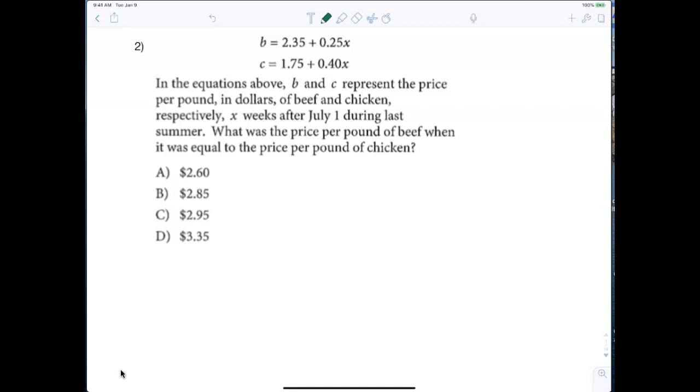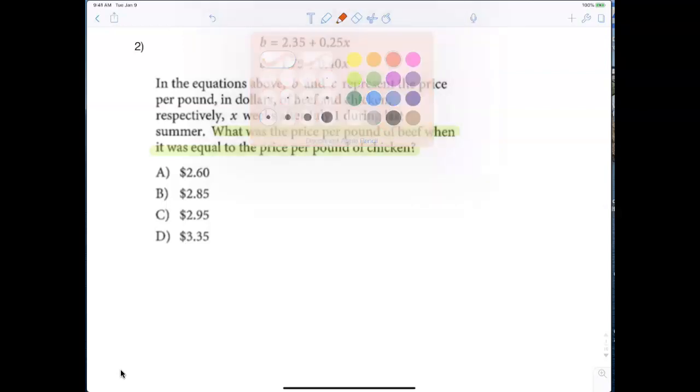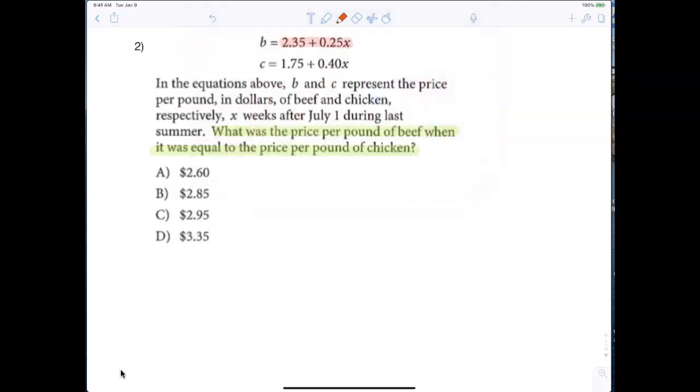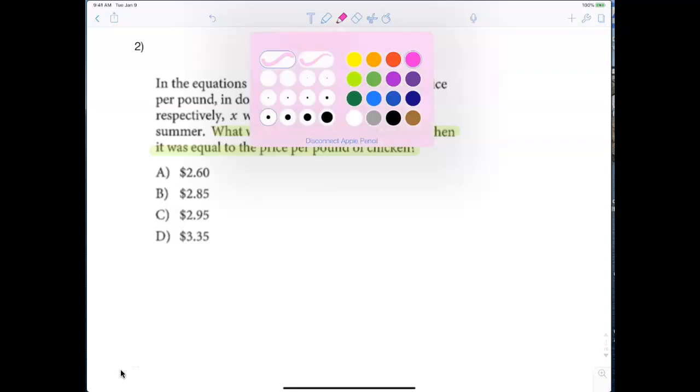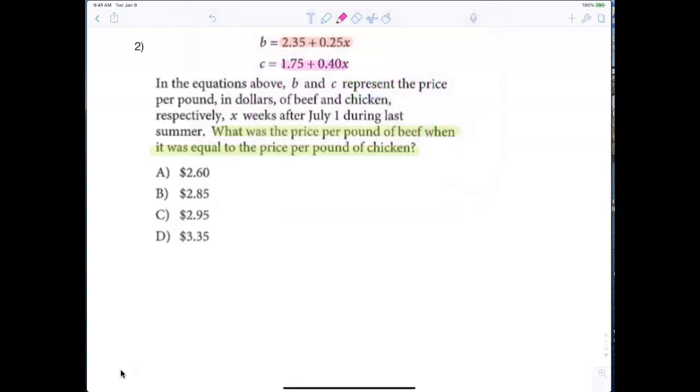What are they telling you is true about the price? The price per pound of beef when it was equal to the price per pound of chicken. And, come on guys, this right here represents the price. This right here represents the price.